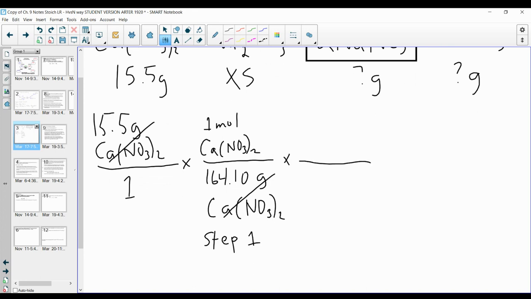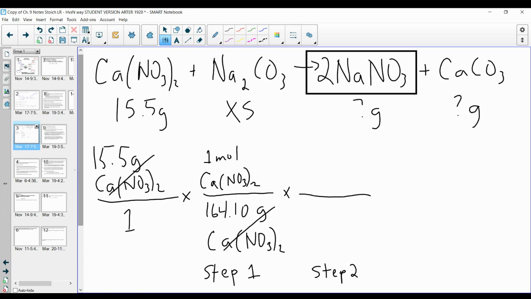Next, we're going to do step 2. And step 2 is that mole ratio step. Now, before, our mole ratio came from inside the formula. But now we're working from one type of chemical compound to another. So we're going from Ca(NO3)2 and we're trying to get to NaNO3. So what we actually need to do is look for the coefficients in front of the balanced chemical equation.